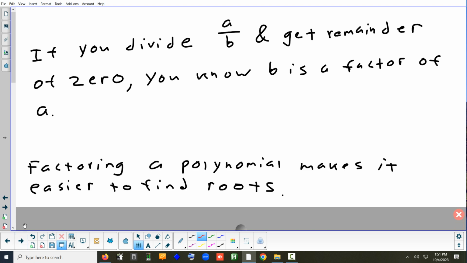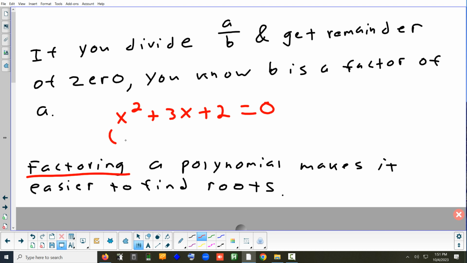So why do we care if something is a factor of something else? Well, factoring makes it easy to find the roots. If I gave you something like this and said to solve it, it might not be obvious what the answer is right away.